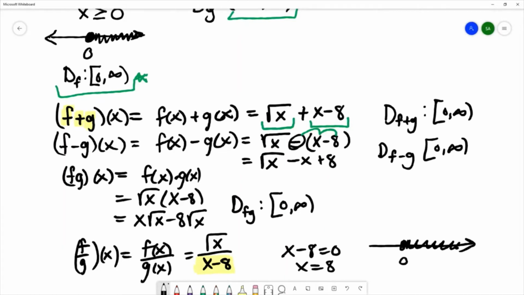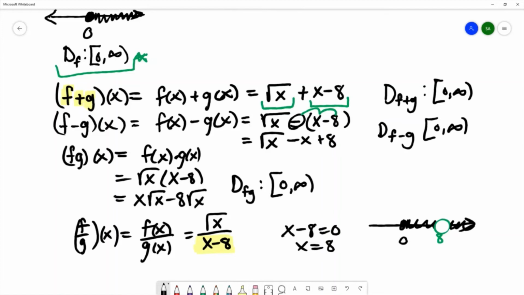But now we have a new restriction of 8, so 8 is here, and 8 needs to be excluded. So we're going to take that point away, and we want to represent this interval and this interval. So that would be from 0 to 8, union with 8 to infinity, and that will be the domain of f over g.